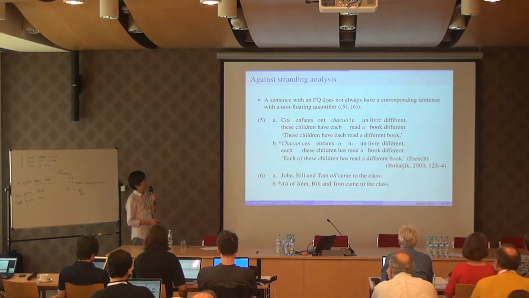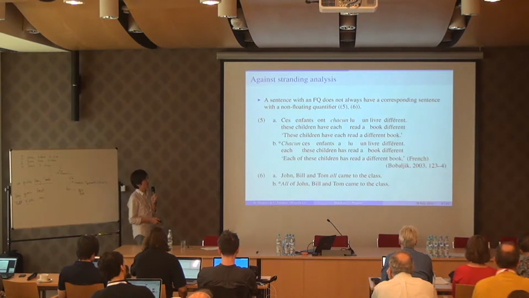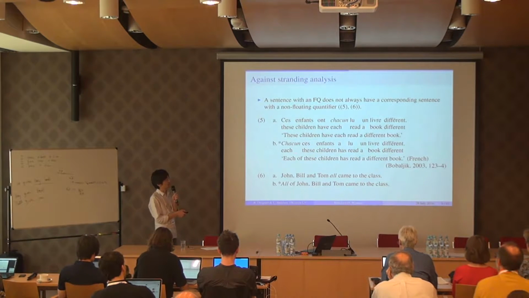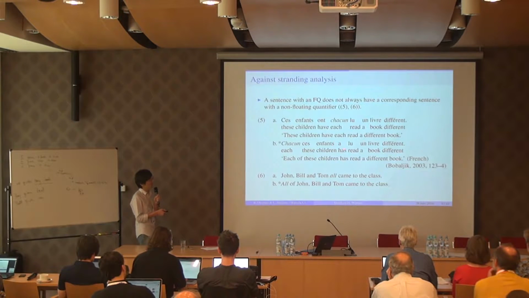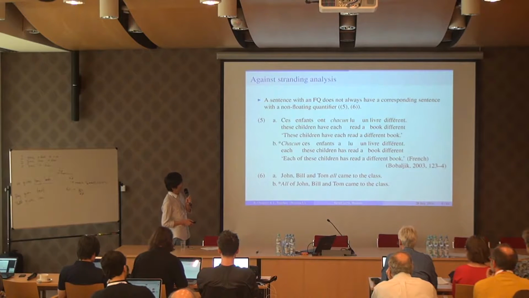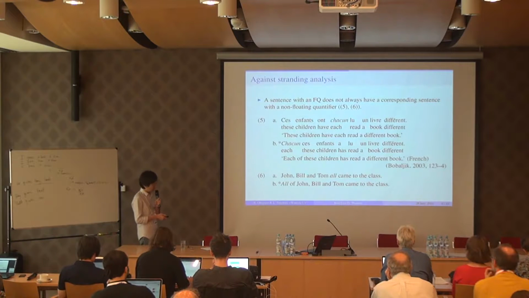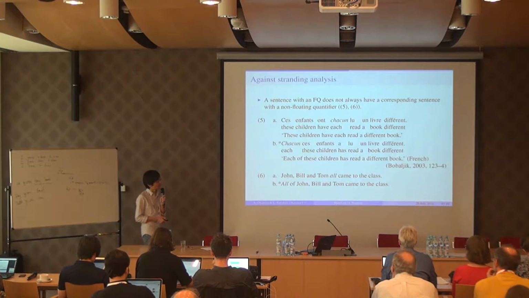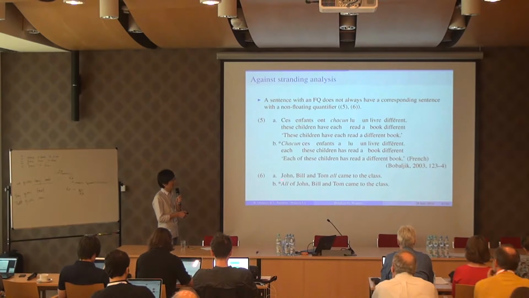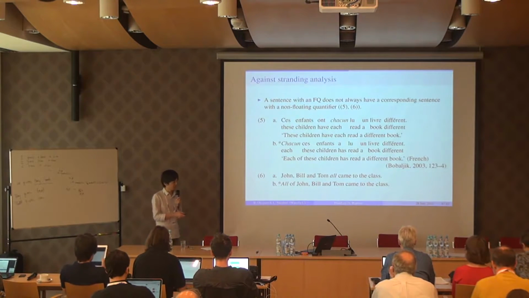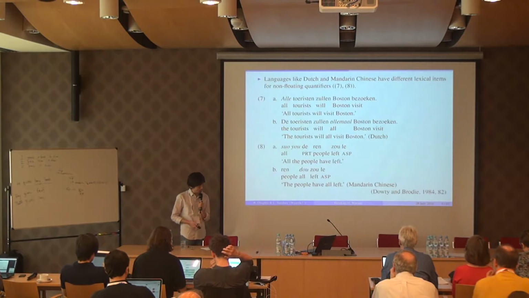If the stranding analysis were correct, we'd expect to have something like 5B, where each comes before the noun phrase, each of the children, but that's ungrammatical in French. Similarly in English, 6A is an example with a floating quantifier, so all appears at the VP edge, but we can't say all of John, Bill, and Tom came to the class. So we can't derive 6A from 6B. That's the issue, so we need to treat them separately in a sense.